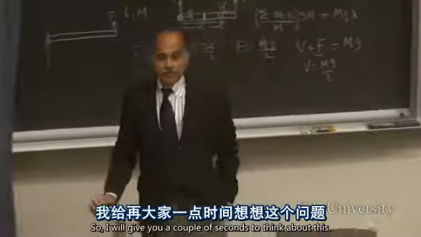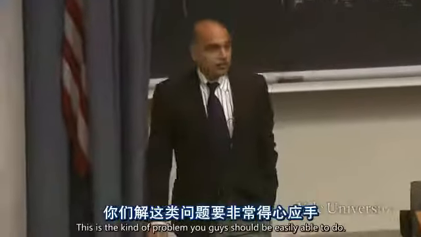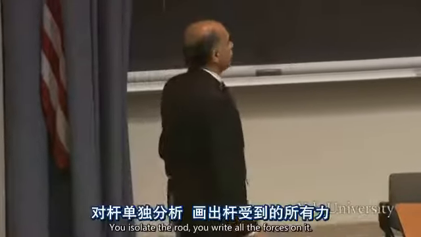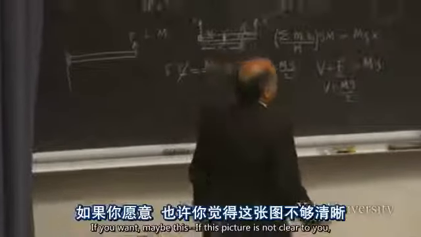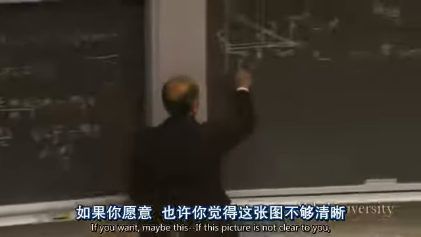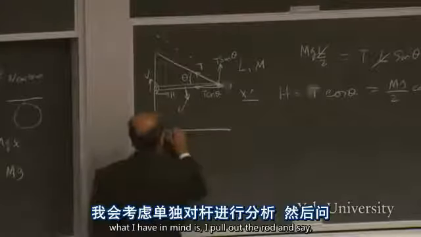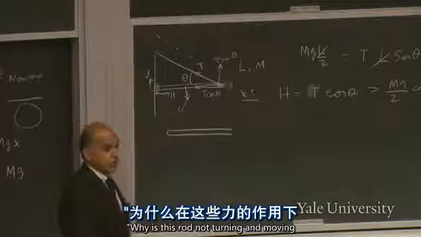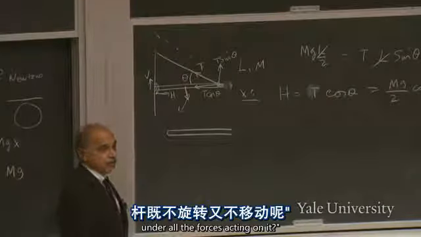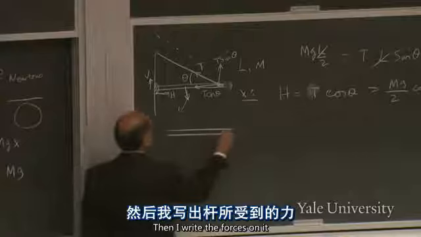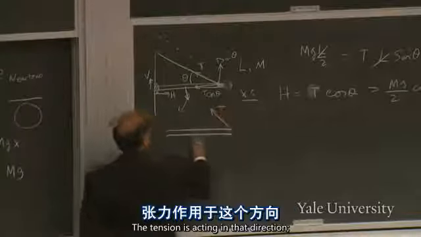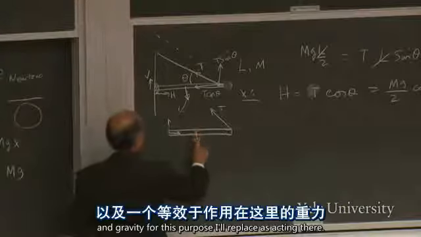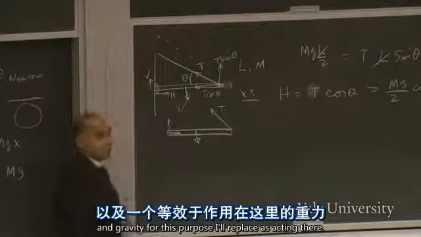I will give you a couple of seconds to think about this. This is the kind of problem you should be easily able to do. You isolate the rod, you write all the forces on it. If this picture is not clear to you, what I have in mind is I pull out the rod and say, why is this rod not turning and moving under all the forces acting on it? Then I write the forces on it. The tension is acting in that direction. The pivot has a vertical force, the pivot has a horizontal force, and gravity for this purpose I will replace as acting there.